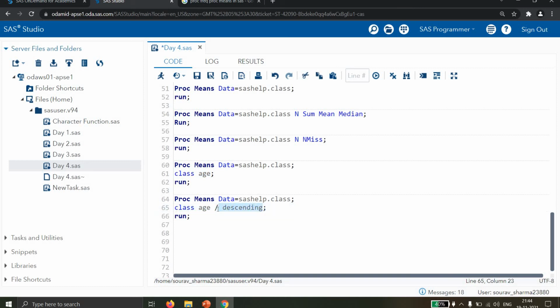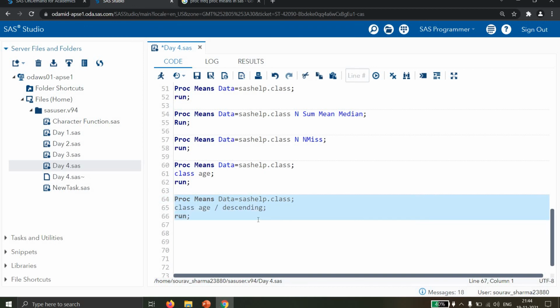Let's suppose you want descending, ascending, or the list of my particular age group, or the cross list. All the operations will be done after the slash for that particular variable.